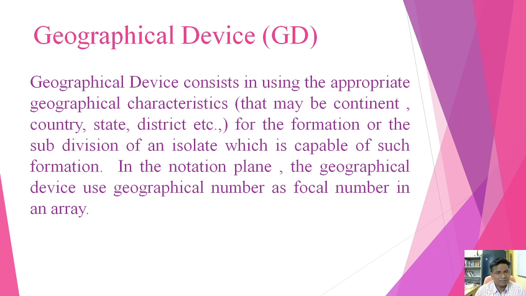Geographical device. Geographical device consists in using the appropriate geographical characteristics, which may be continent, country, state, district, etc., for the formation or subdivision of an isolate which is capable of such formation. In the notation plane, geographical device uses the geographic number as focal number in an array.